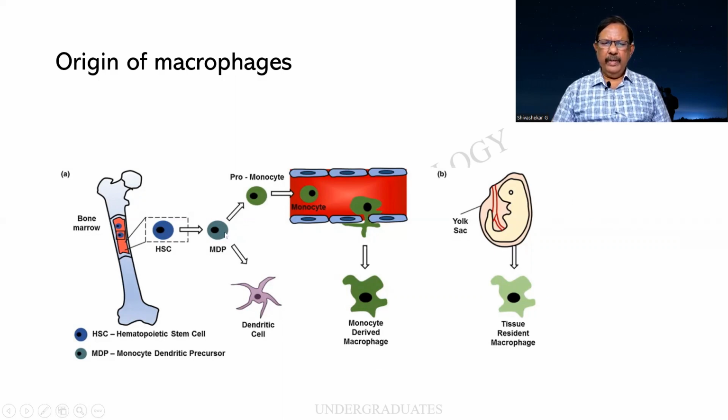Also, you can have the dendritic cell originating from it. These monocytes are converted into macrophages in the event of any chronic inflammation. So this is one origin. The next one can be directly from the yolk sac. From the yolk sac, you get tissue resident macrophages. So there are two origins for the macrophages. We shall remember them alone.